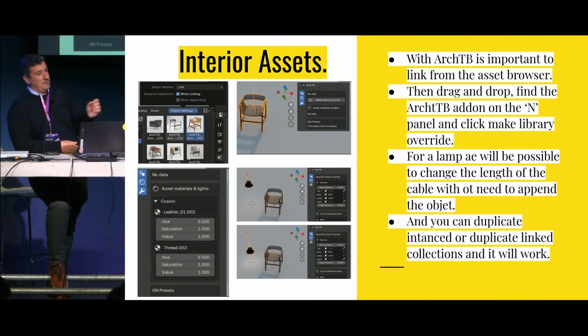to tweak some of the parameters like color, hue, value of some of the materials to have some adjustment without the need to append the file into the main file. That keeps the file low weight and is better for rendering. Then we explored a bit, for example, here on the left, we have the lamp.